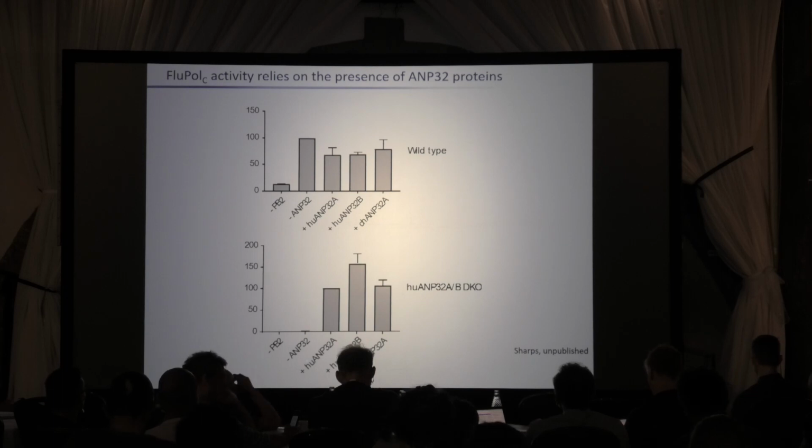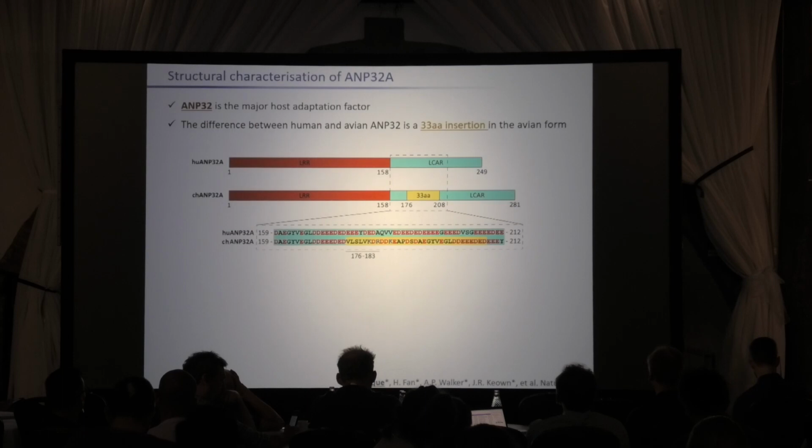Here we're using double knockout cells, and we're transfecting with human ANP32B or chicken, and we're able to recover replication.